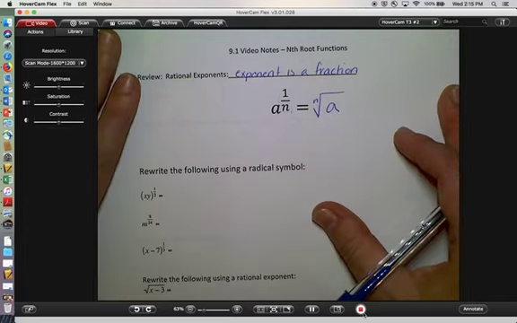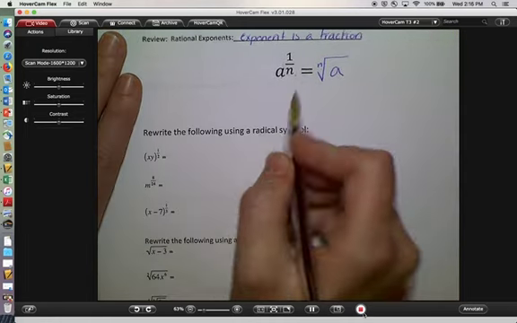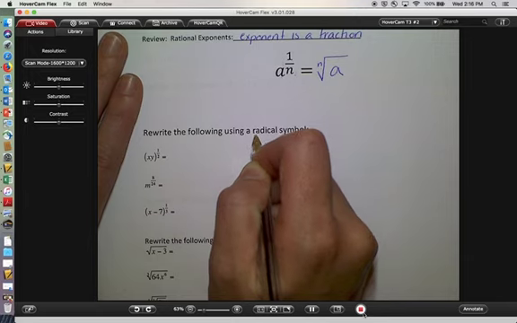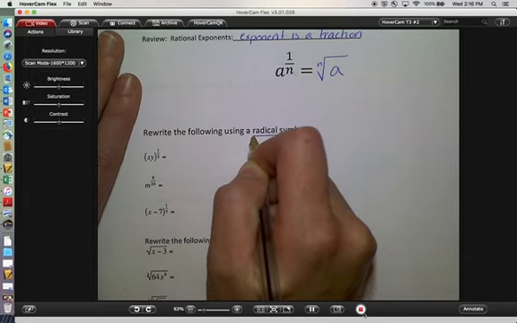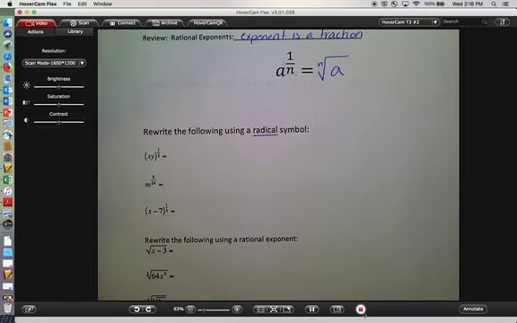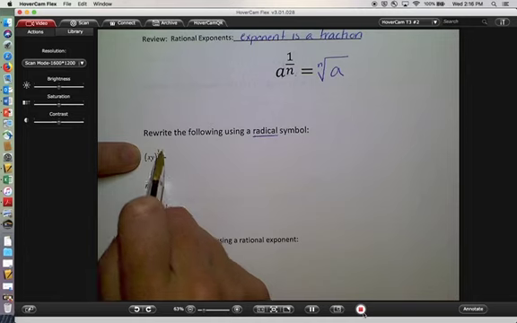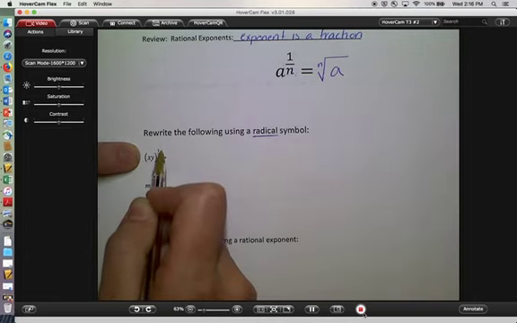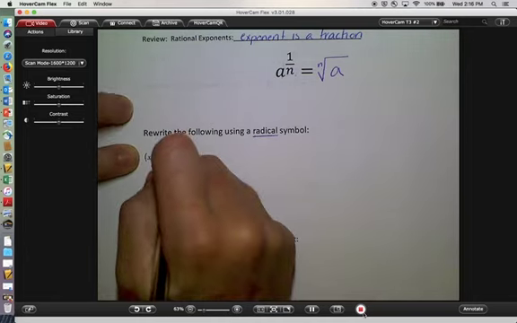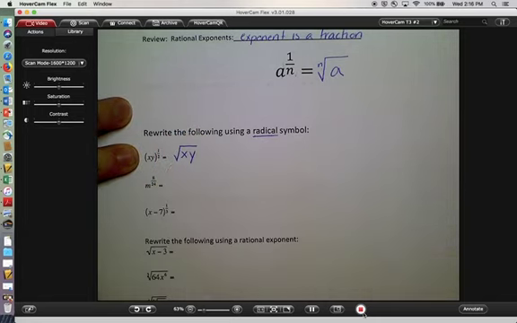One thing that we want to be comfortable doing is rewriting different expressions with a radical symbol instead of a rational exponent. So, for example, if I have x, y all raised to the 1/2, because this is a rational exponent, that means it is equivalent to the square root of xy.